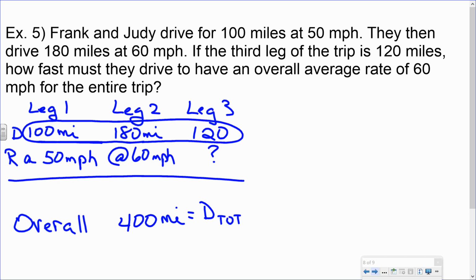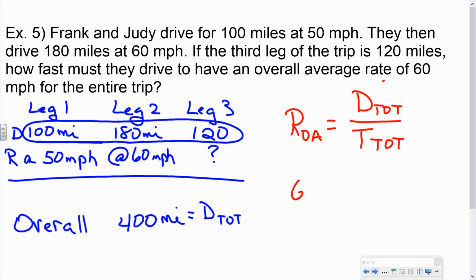So I'm going to have a little bit of trouble then using this formula that my overall average speed has to be my total distance over my total time. I know I want my overall average rate to be 60. I know my total distance is 400, but how am I going to get the times for that trip?